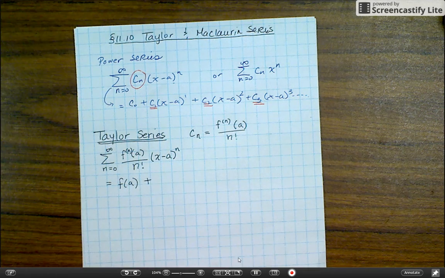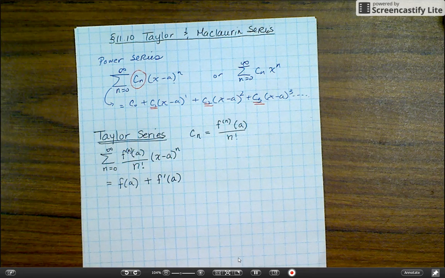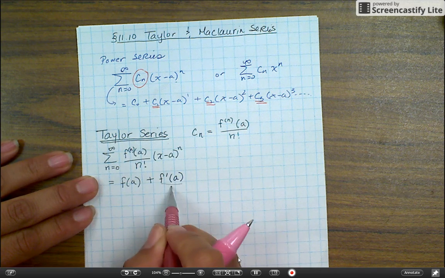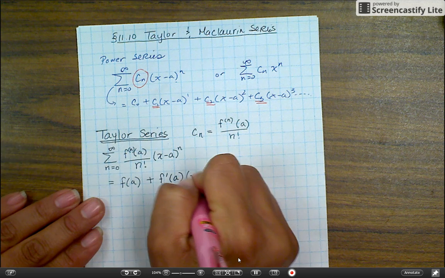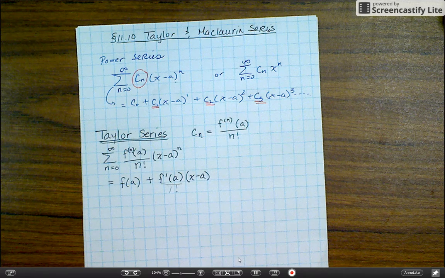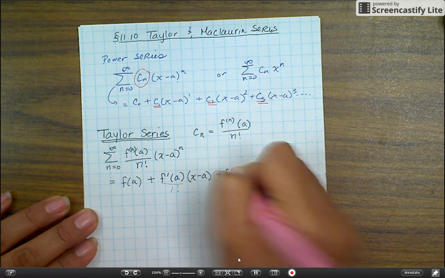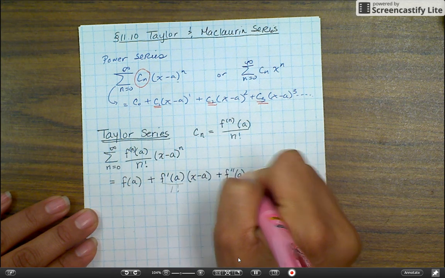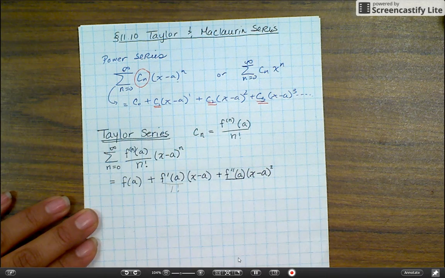The next term will be my first derivative evaluated at a, divided by 1 factorial, which we know is 1, times (x minus a) to the first power, plus f double prime evaluated at a, times (x minus a) to the second power, divided by 2 factorial.